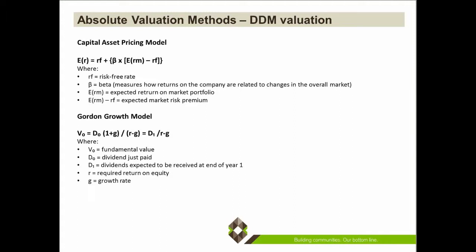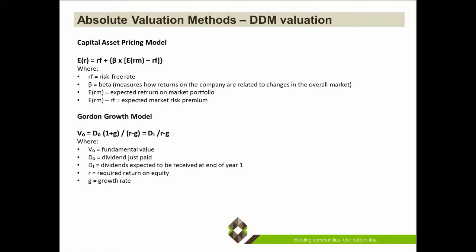It starts with your risk-free rate, which is normally a long-term rate. So it would be your bond rate with the longest maturity, normally around 10 years. Your beta measures how your returns on the company are related to changes in the overall market. So that's your systematic risk.